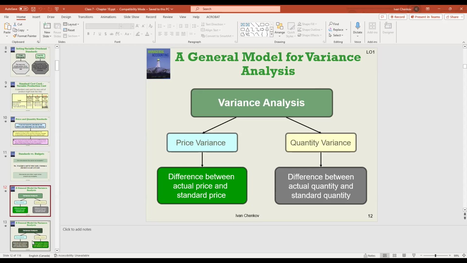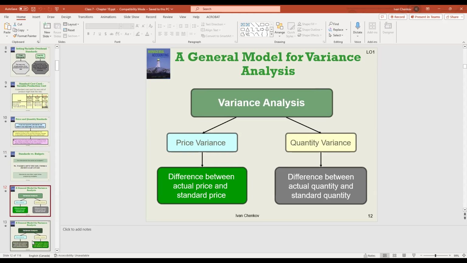Now, for the general model of the variance analysis, we're going to have price variance and we're going to have quantity variance, since we know that the cost is comprised of 2 variables, which is price or cost and the quantity.